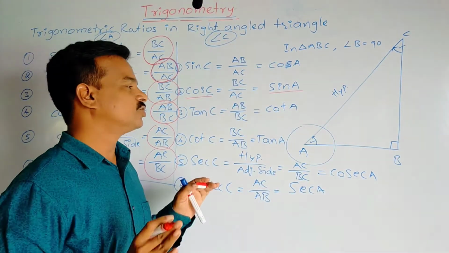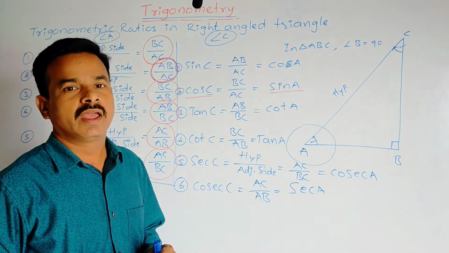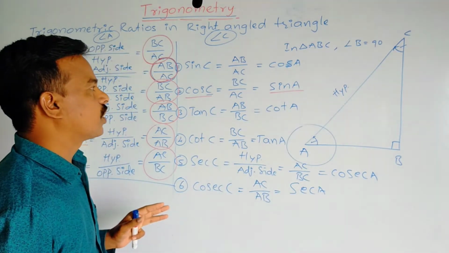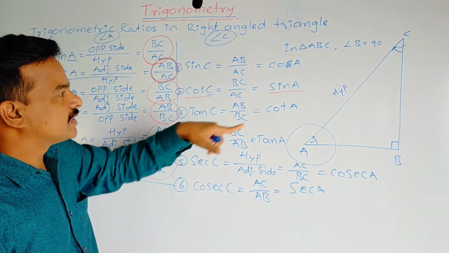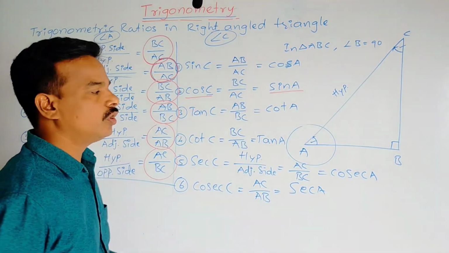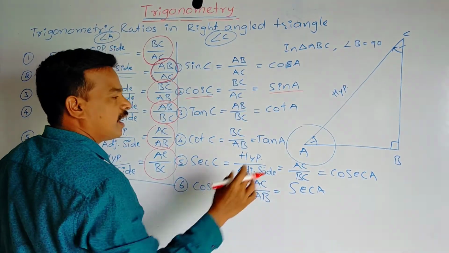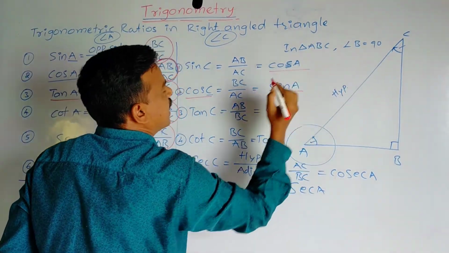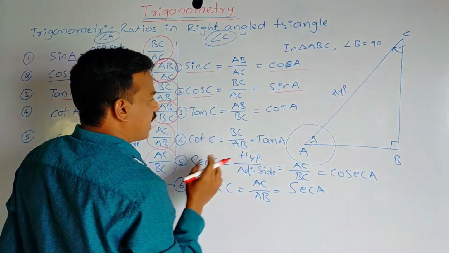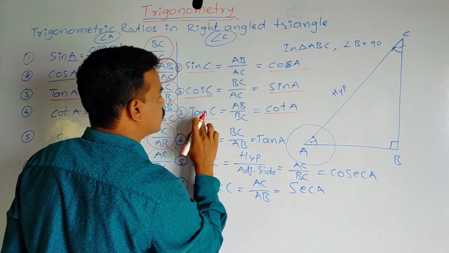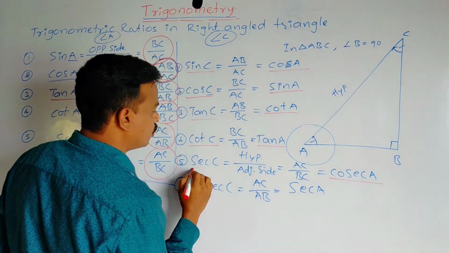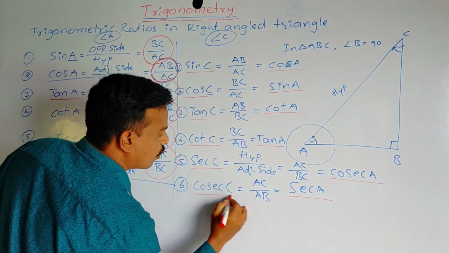That means in a right angle triangle ABC, right angle at B, angle A and angle C are acute angles, and then sin A is equal to cos C, or cos A is equal to sin C. As it is, cot A is equal to tan C. Tan A is equal to cot C. And next, cosec A is equal to sec C. Sec A is equal to cosec C.